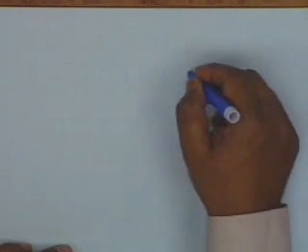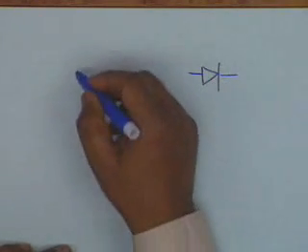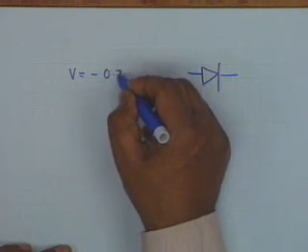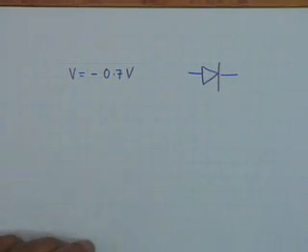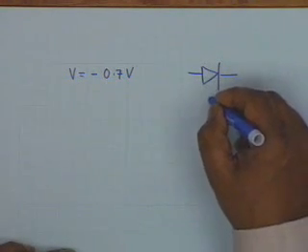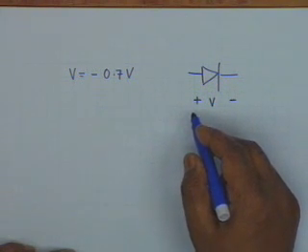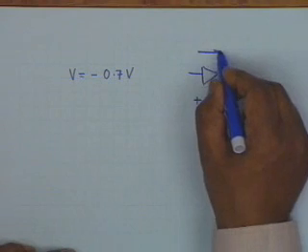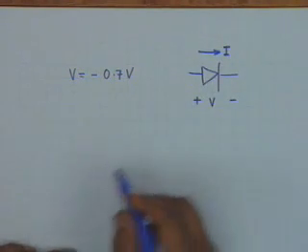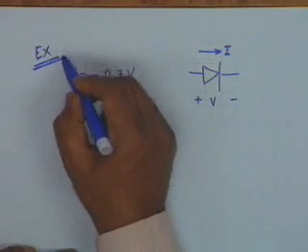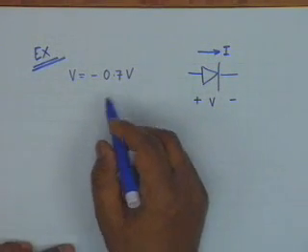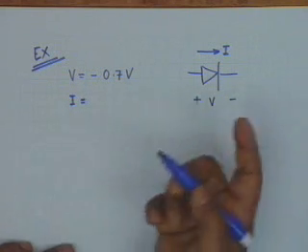Now as an example of application of this, let's take a very simple example. It is given that a diode under reverse bias, that is V equal to minus 0.7 volt, which means that it is reverse biased. Well, the convention is this: V plus and minus, plus on the P side and minus on the N side, and the current flows like this, capital I. It is given that at a reverse bias of minus 0.7, the current obviously shall also be reversed.